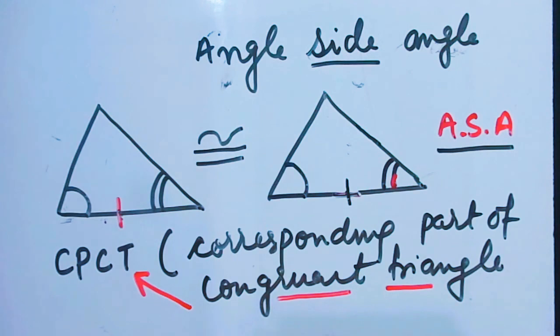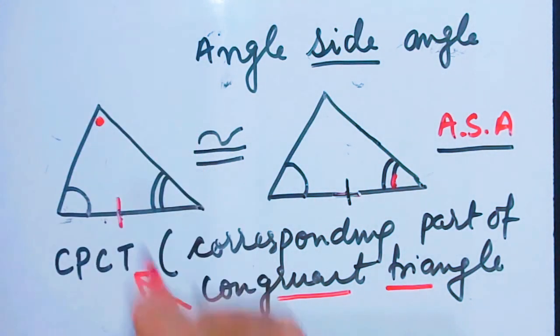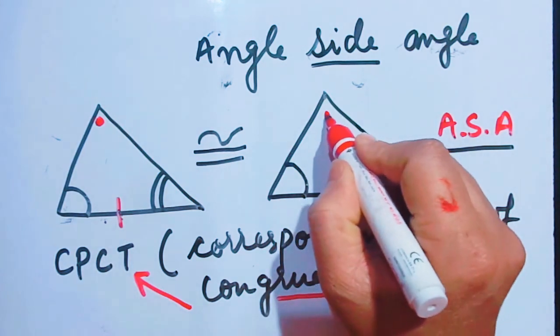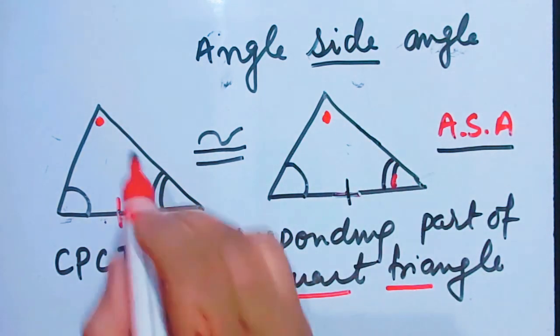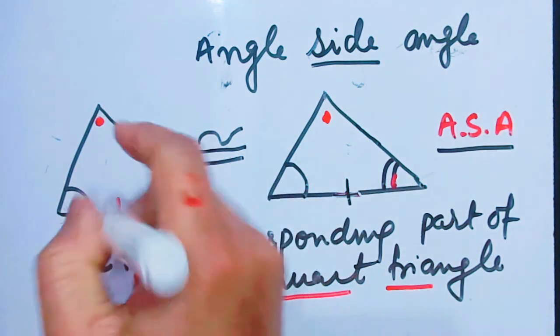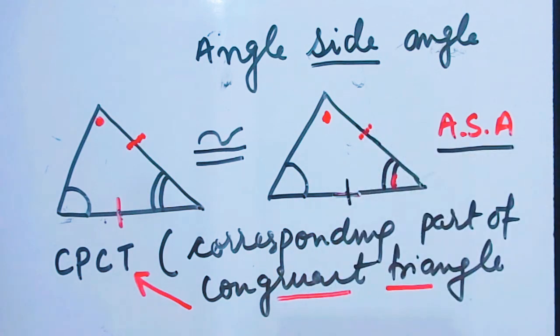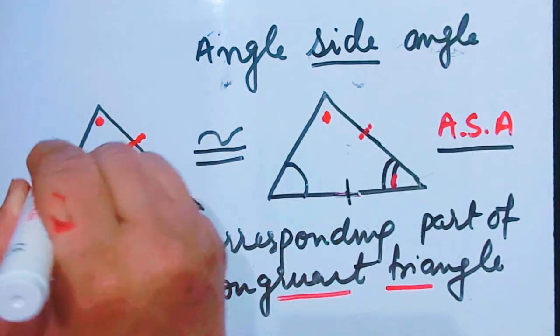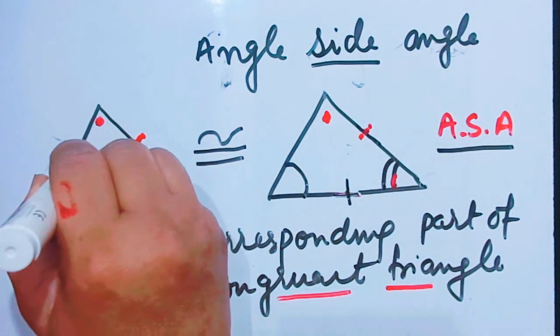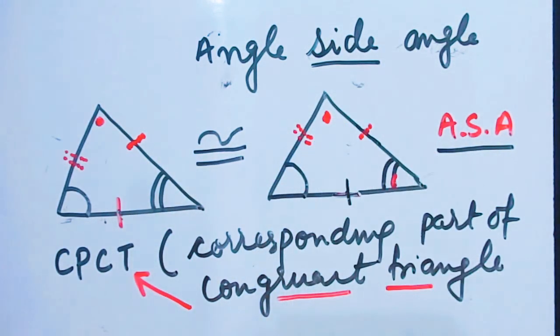CPCT means I have proved that they are congruent by angle, side, angle. Then we have the liberty to say that this particular angle is equal to this particular angle. Similarly, this particular side which was not given will be equal to this particular side, and this particular side was also not given, therefore this particular side will also be equal. Why?